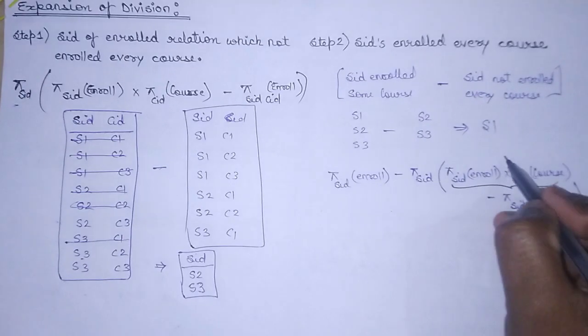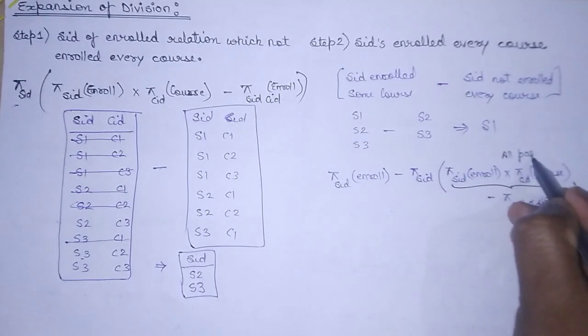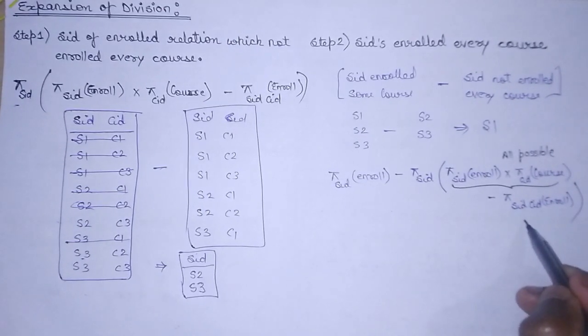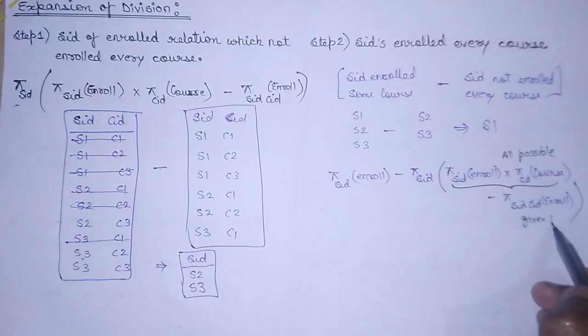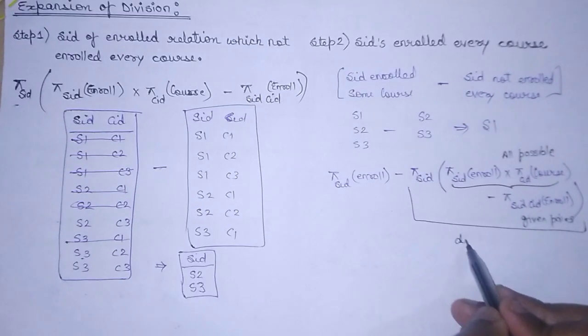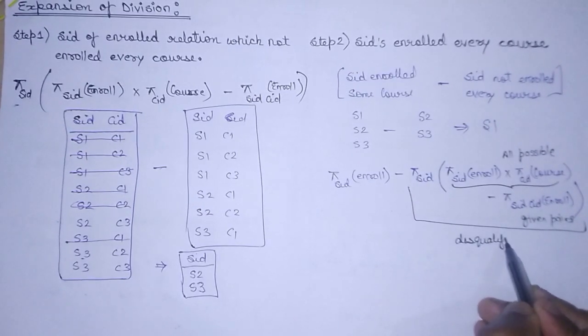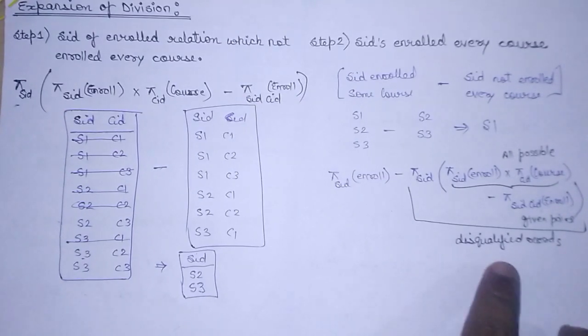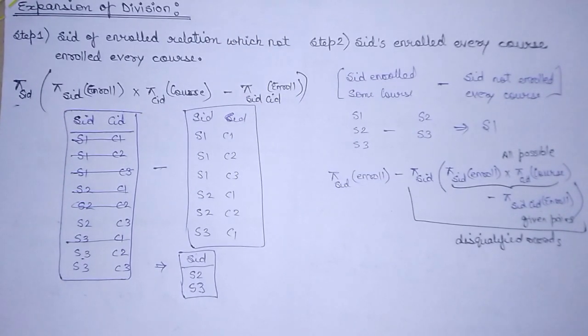So this gives us all the possible pairs, and this particular thing was the given pairs, and this combined provided us the disqualified records. So if we remove the disqualified records from all of the records, the remaining records will be the qualified records, which will be the answer. So this is how it has been expanded.